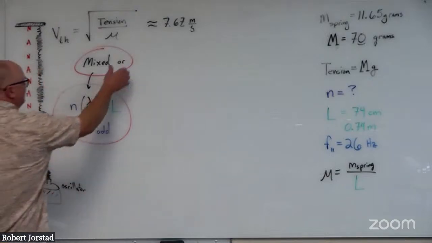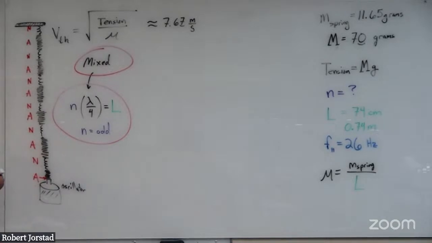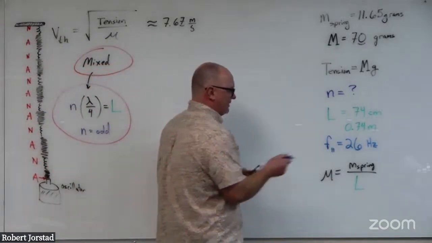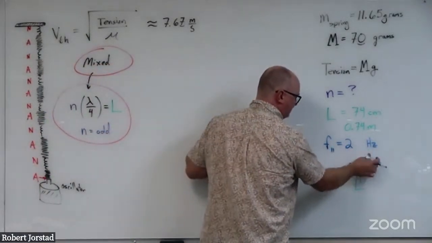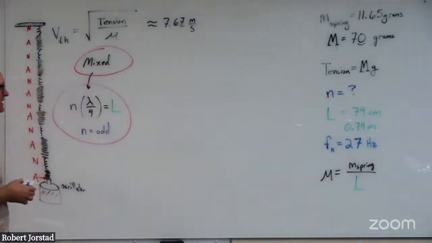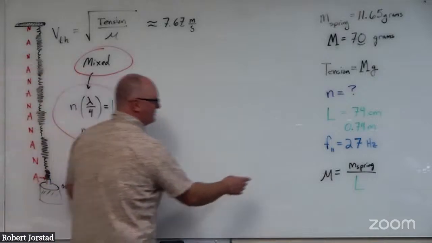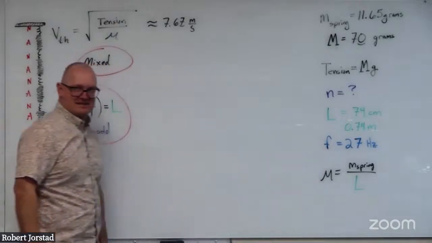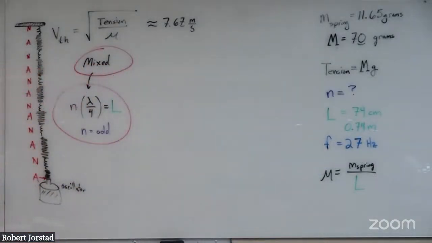Okay. So now let's see, we found, I think the frequency was 27, wasn't it? Not 26. You must have drifted a little since when I first started. That's fine. We'll use 27 hertz. And then, oh, whoops. Gee, I wonder which harmonic it is. How can I tell this is the 11th harmonic? Well, let's count.